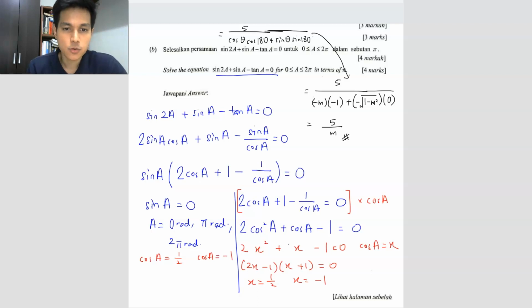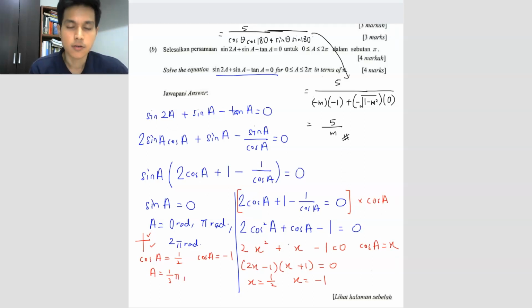Okay, so cos A equals 1 over 2. What is your reference angle? Your reference angle should be 60 degree. So when it's 60 degree, remember cos A positive is in which quadrant? It's in the first quadrant and the fourth quadrant, right? So the first quadrant means A equals 1 over 3 pi.